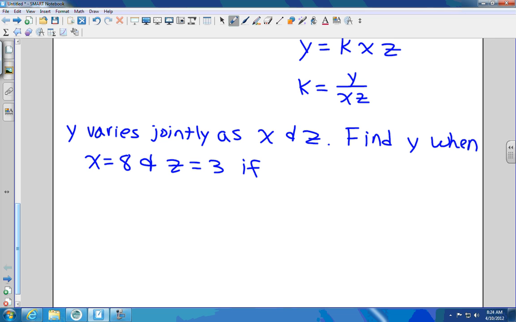And then we're getting the other given part. If, and they gave you all three, y equals 16, x equals 5, and z equals 2.